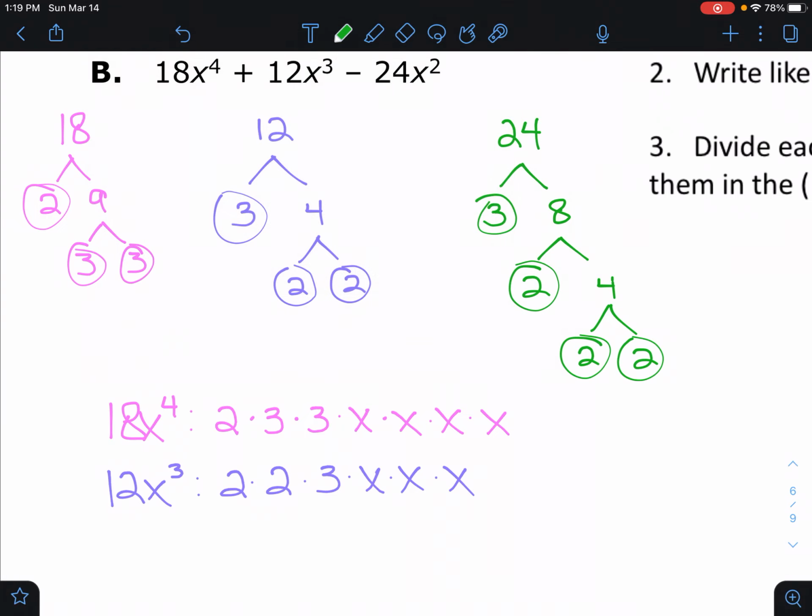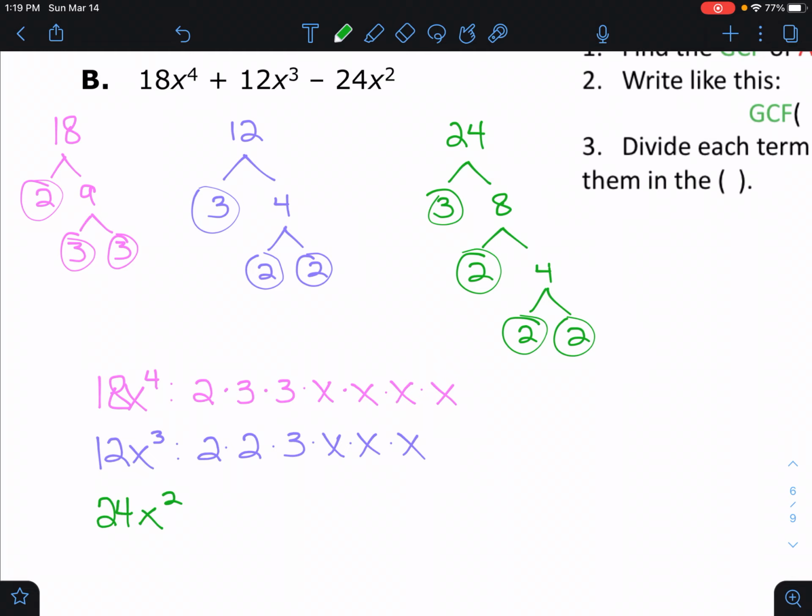Okay, now let's do 24x squared. Again, that's negative, but we'll worry about the negative later. This is 2 times 2 times 2 times 3 times x times x.